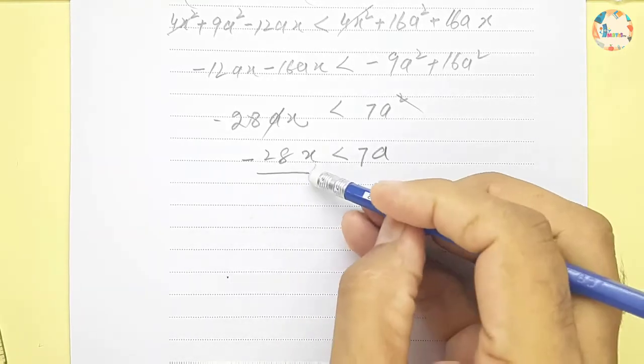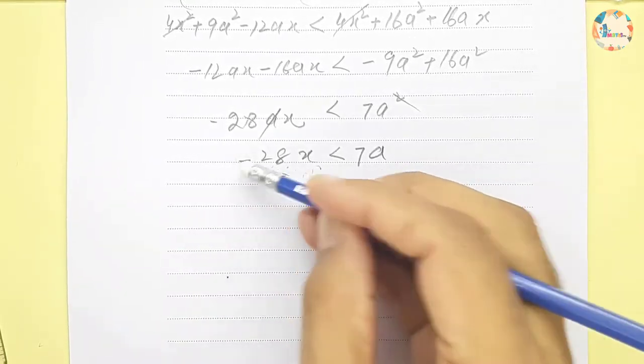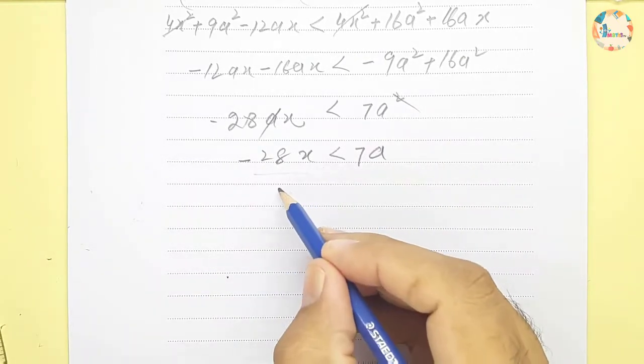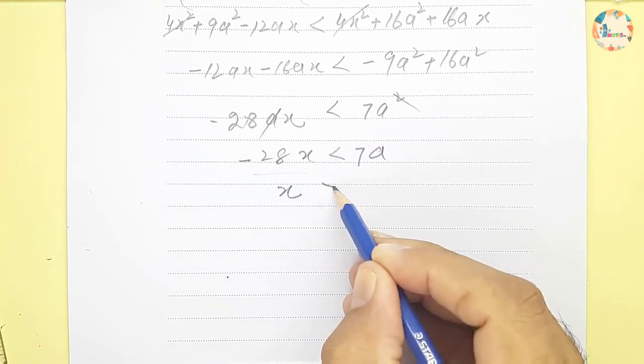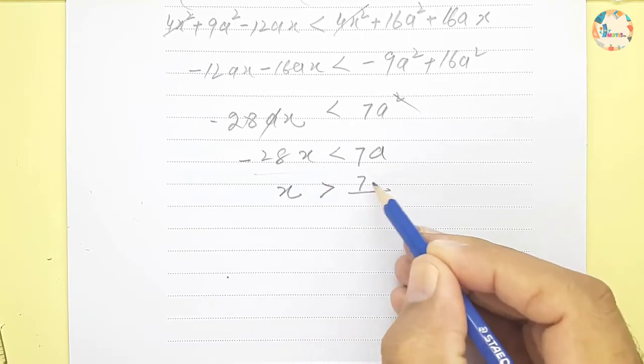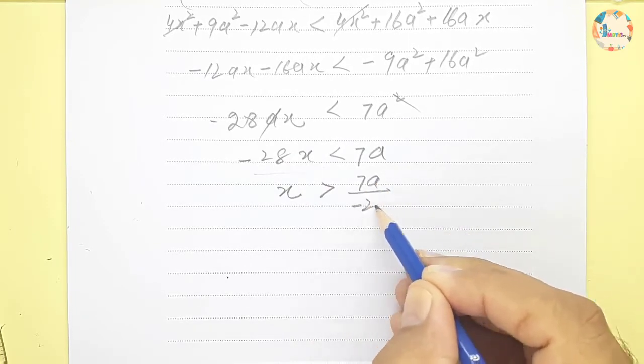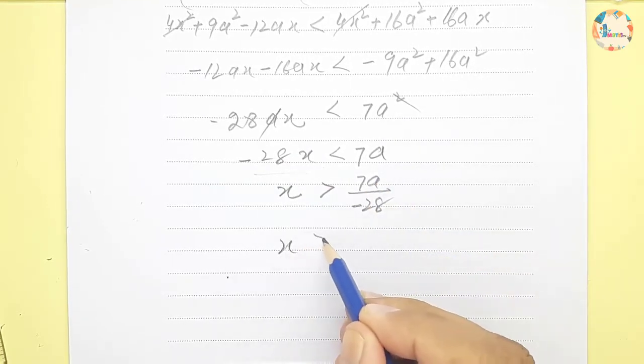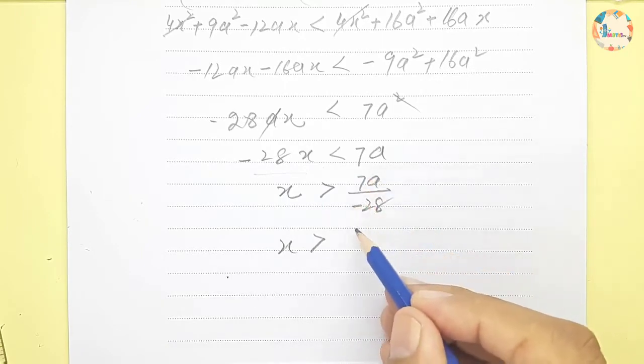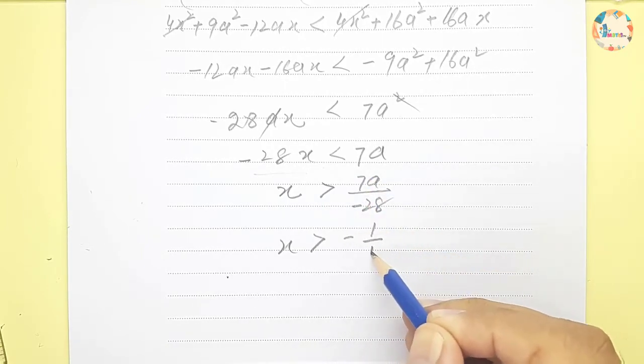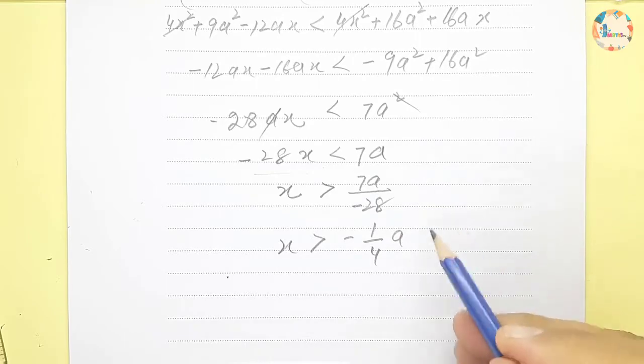Next step we divide, and because we are dividing by a negative number, we have to change the inequality sign also. So x will be greater than 7a over minus 28, so x is greater than, this will be 1 by 4, so minus 1 by 4 a. This will be our answer.